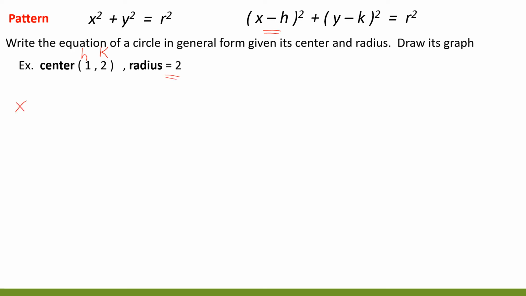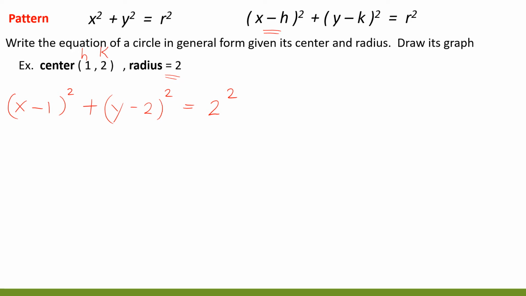So, x minus h, x minus 1, quantity squared, plus y minus 2, quantity squared, equals r squared.